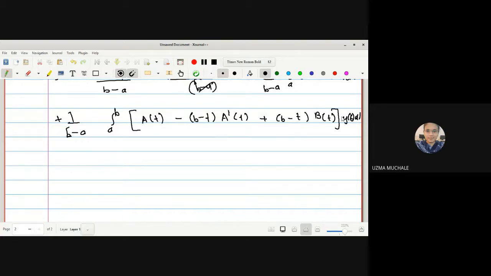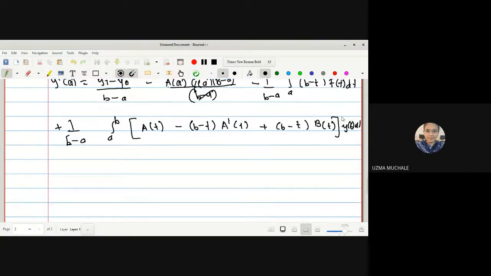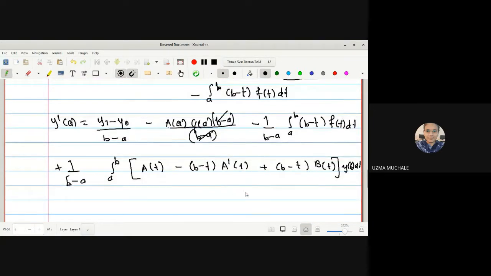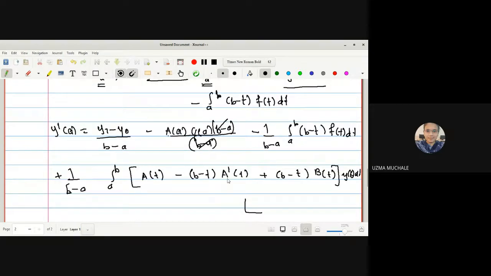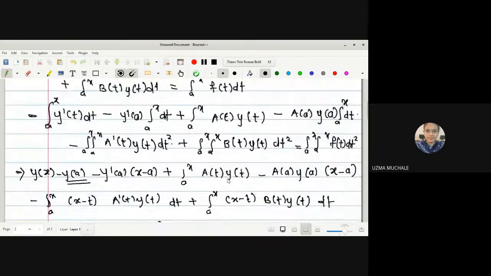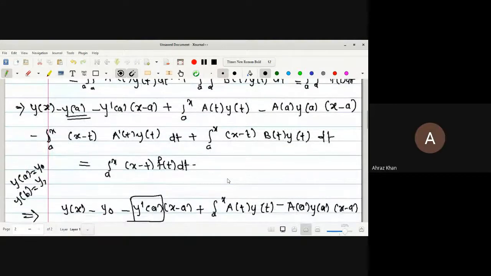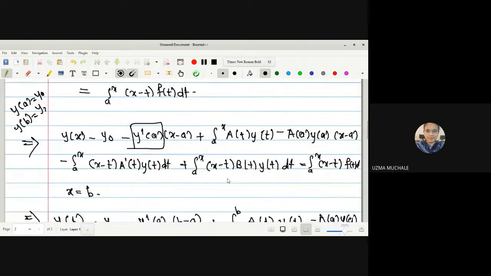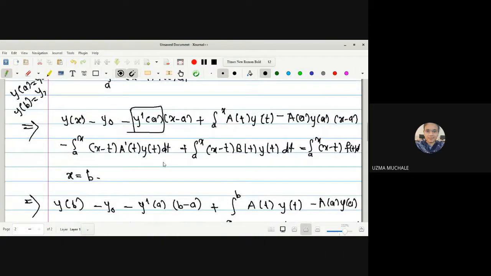So what we have to do now? Whatever the equation we have obtained, let me name this as equation. What number can we give? We haven't given any number. So number 3. But before that, we should give one more number for this equation, this one. For that, we can give this as equation 4.